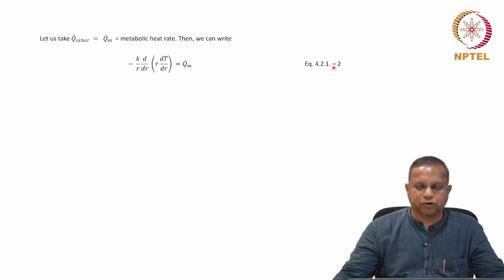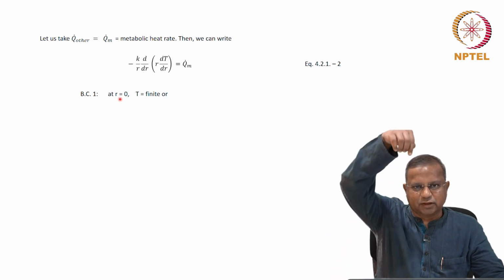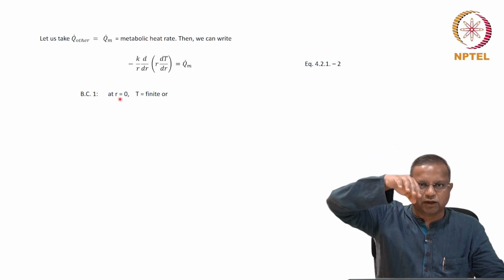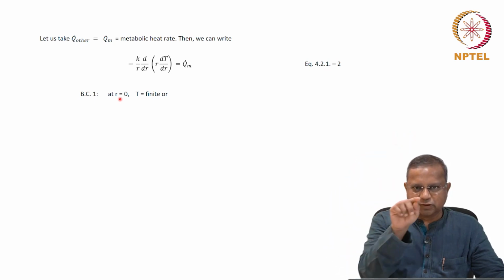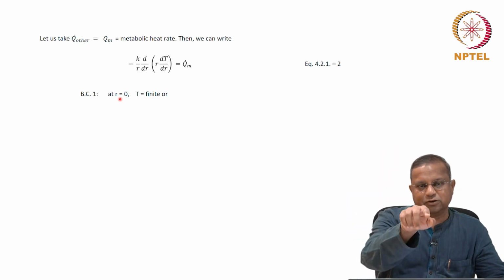Equation 4.2.1-2. Now we need boundary conditions. This is steady state, and second order, therefore we need at least two boundary conditions to solve this. So boundary condition 1 at r equals 0, the center point, the same trick. The temperature at the center point must be the same irrespective of the direction we take to reach the center.